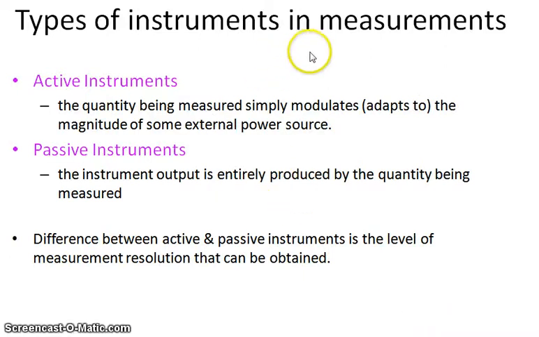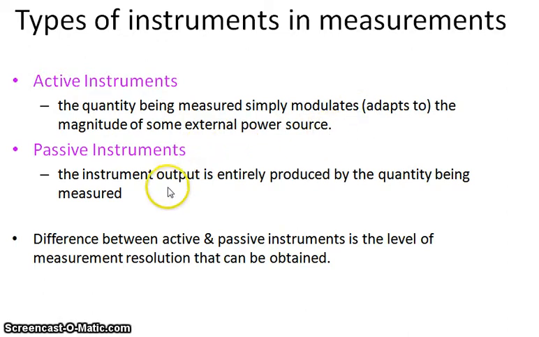Next we will discuss the types of instruments in measurements. There are two types of instruments, active and passive instruments. An active instrument is one where the quantity being measured modulates an external power source, which can be suited to the magnitude of the external power source.